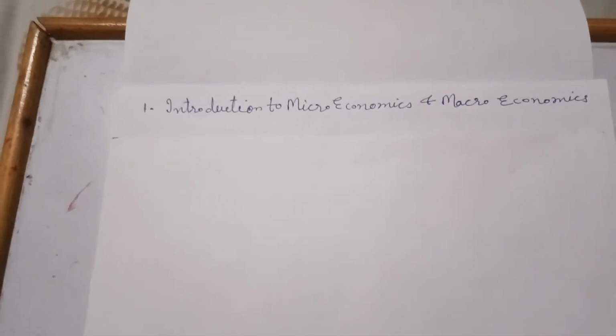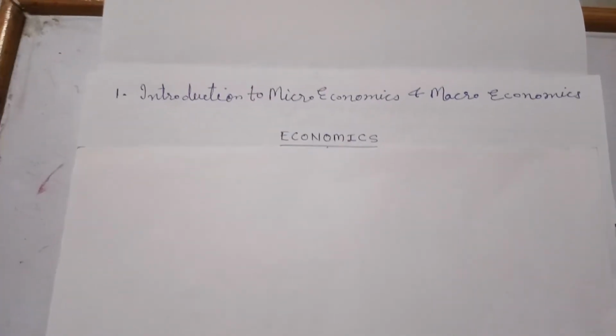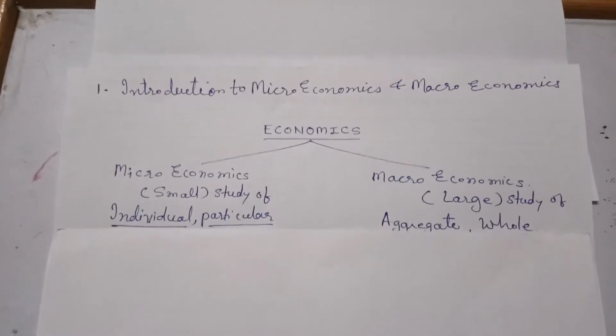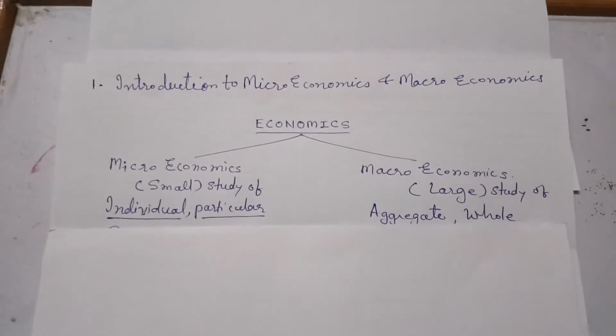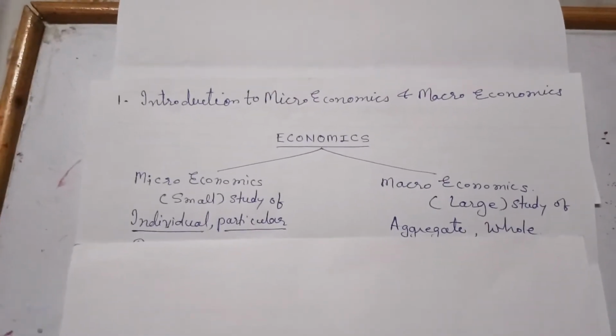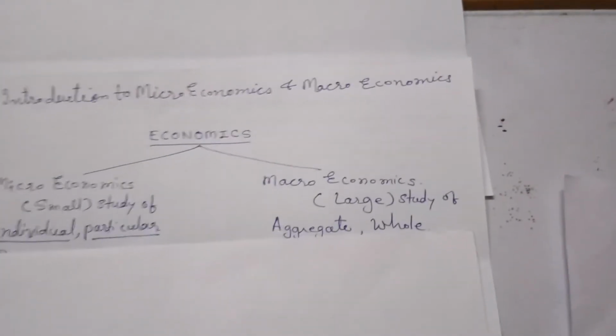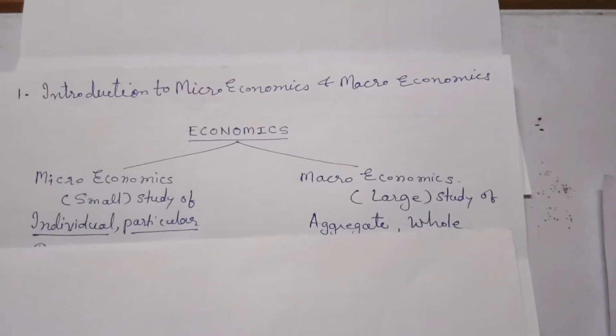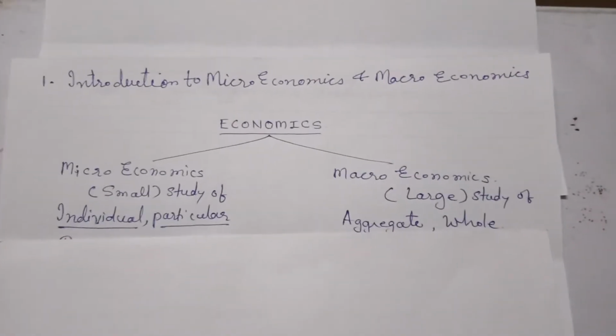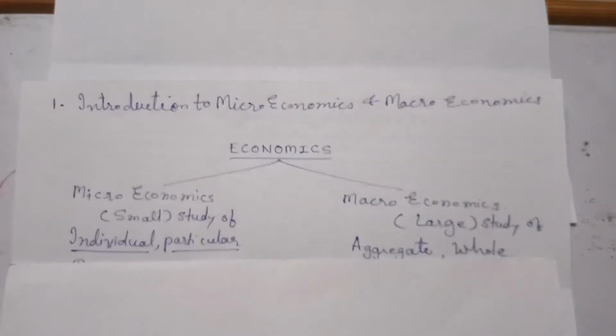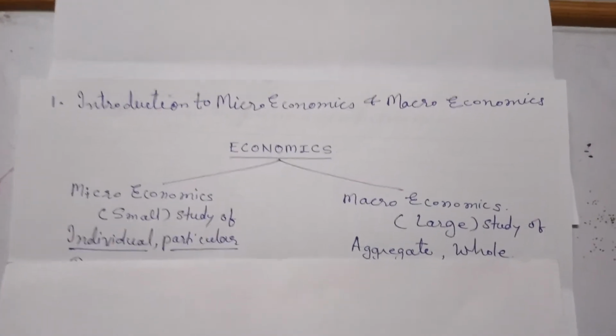The term microeconomics means the study of small particles, study of individual particles, study of particular things. And just opposite, the word macroeconomics means study of large, study of aggregate, or study of whole.